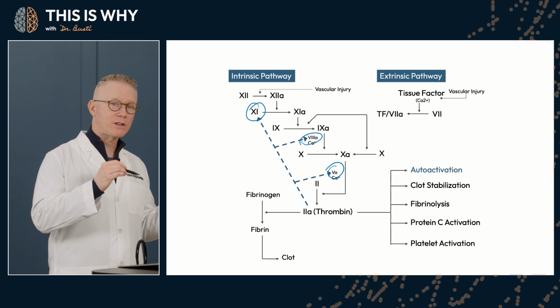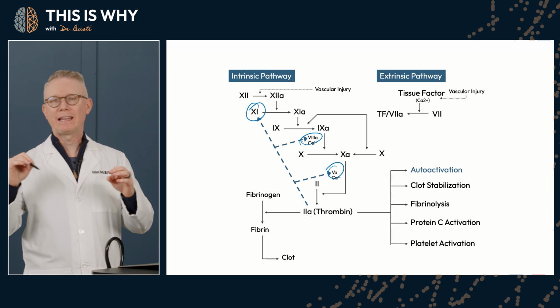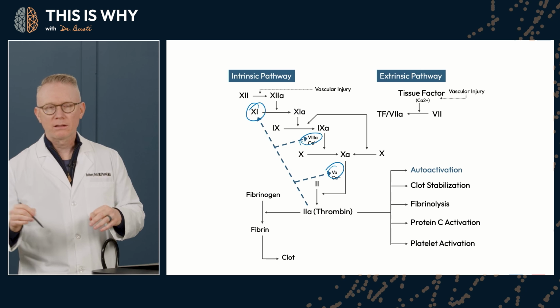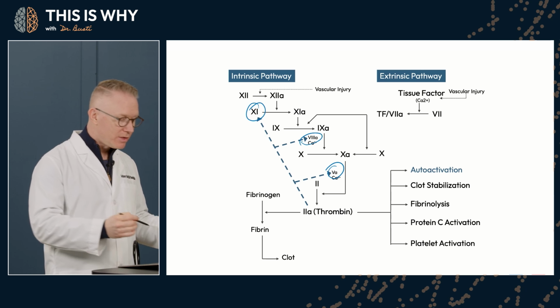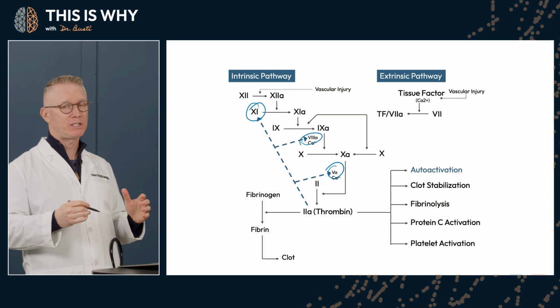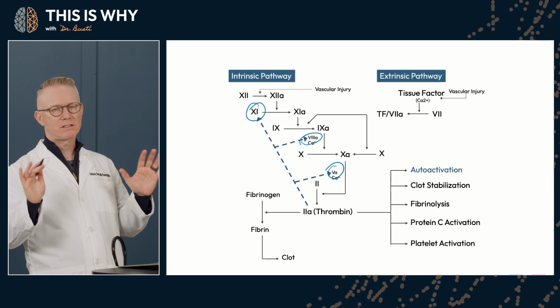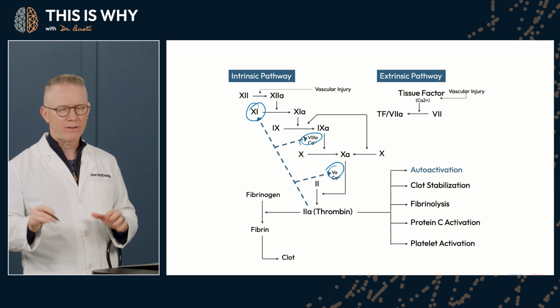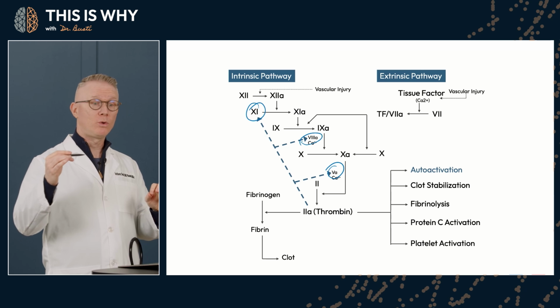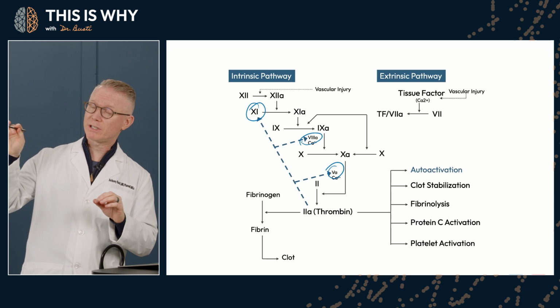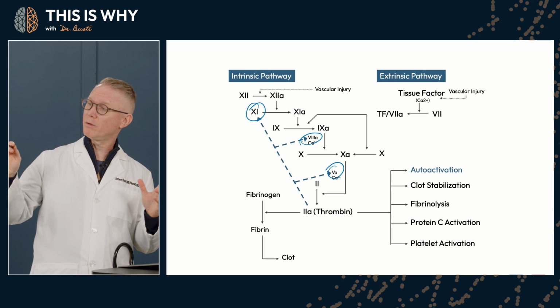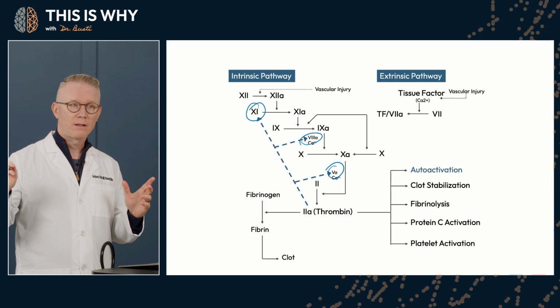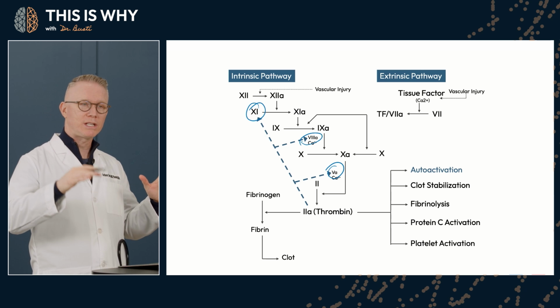But you can have what is called factor 5 Leiden, okay, which is basically the target of protein C. That's where protein C would say, no, stop, calm down, factor 5, right? But if you have resistance to protein C and S, because you're like, I don't care what you say, I'm going to keep going, right? That's factor 5 Leiden, protein C resistance.